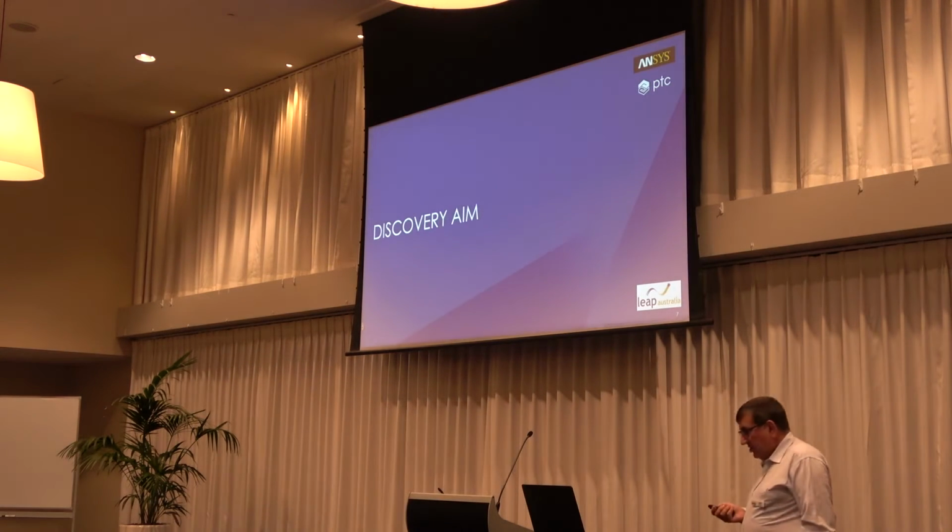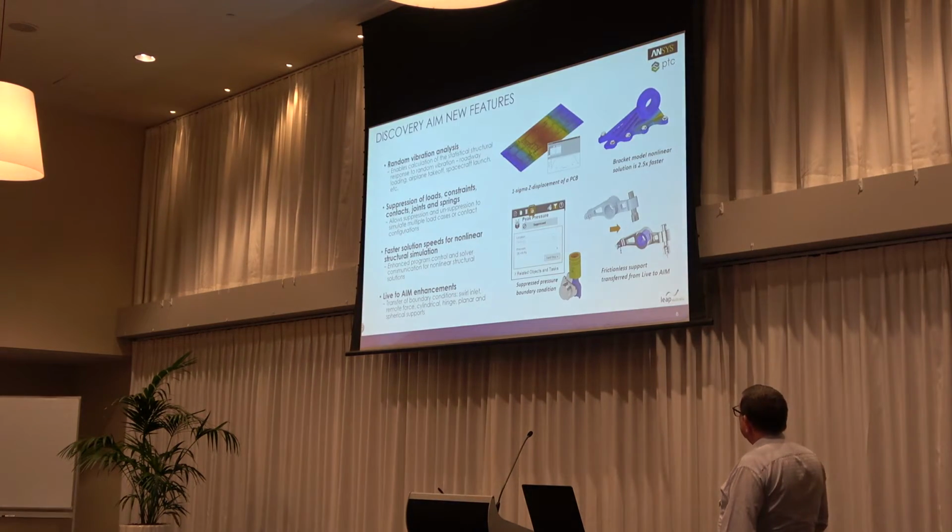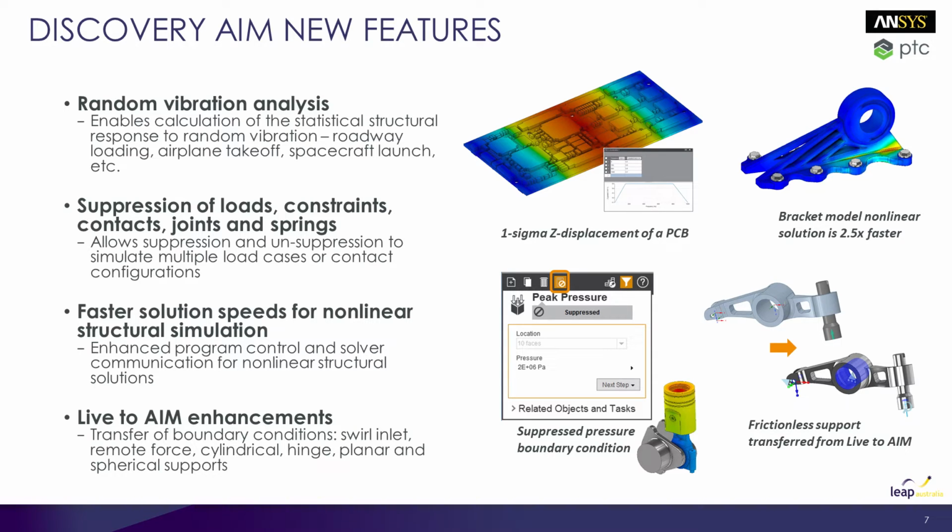So let's quickly just have a look at a couple of new things here. So each of these products themselves is developing. We're going to spend more time on Discovery Live, but just want to mention that there's been quite a lot of extensions to the AIM product in terms of now you can do random vibrations. There's more joints in that.